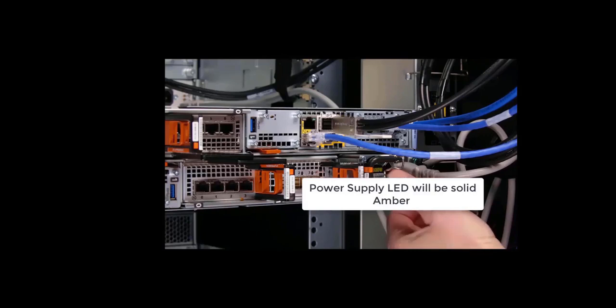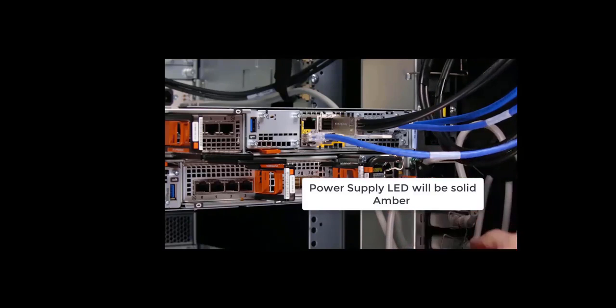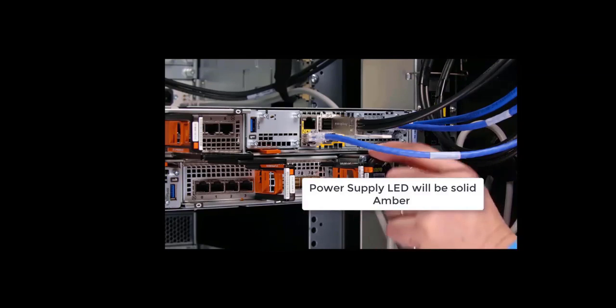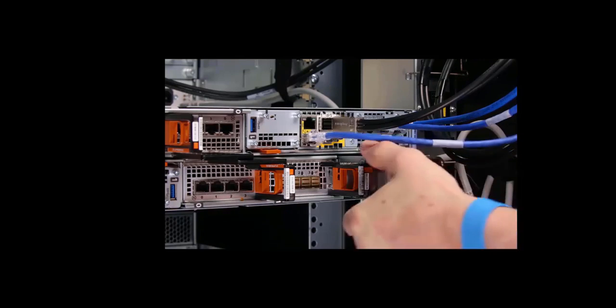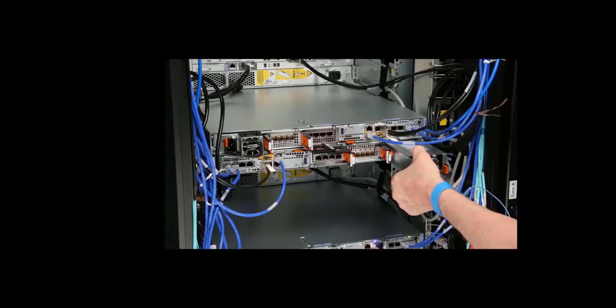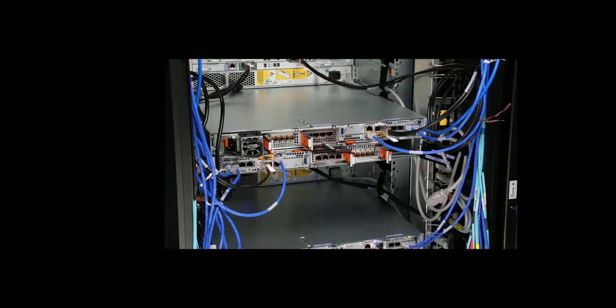So from the back of the system, the failed part will have a solid amber LED, and we move the bail wire. We take off the AC power cord, and there's a little orange latch that you're going to squeeze in as you pull the power supply out.